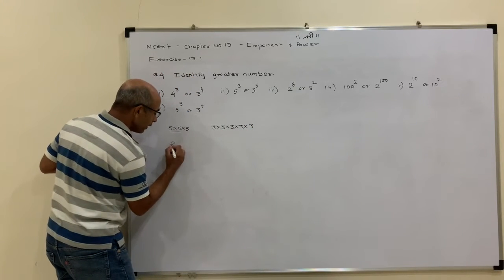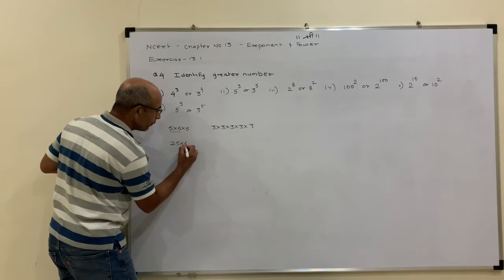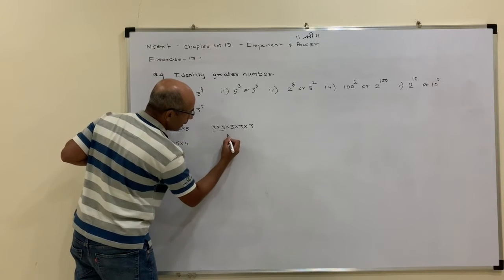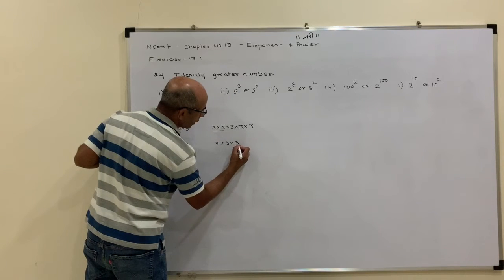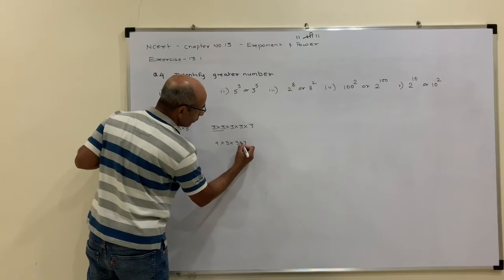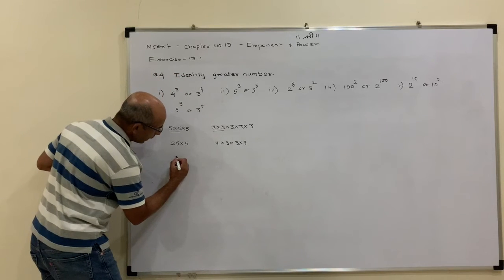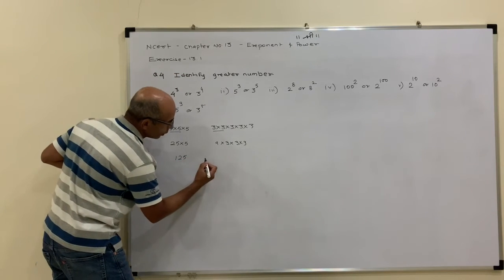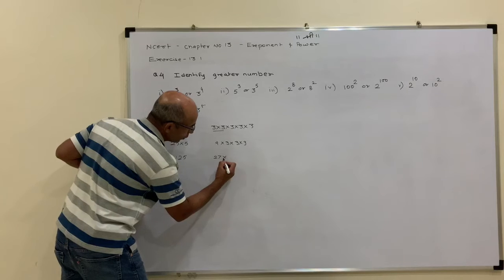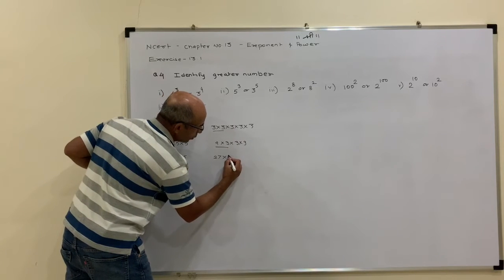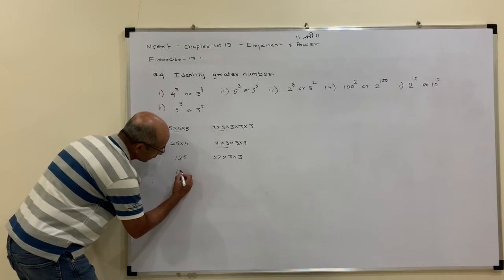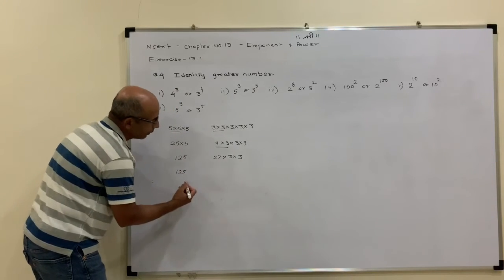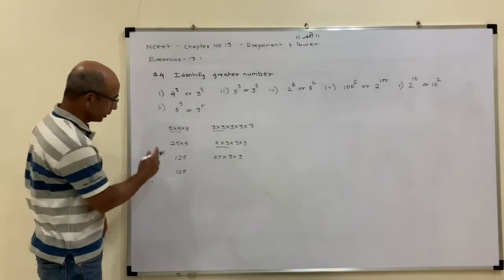5 5s are 25 into 5. So I write 9 into 3 into 3 into 3. 25 5s are 125. So I'll write 27 into 3 into 3. Then I'll just carry forward 125. There's nothing to be done on this side.